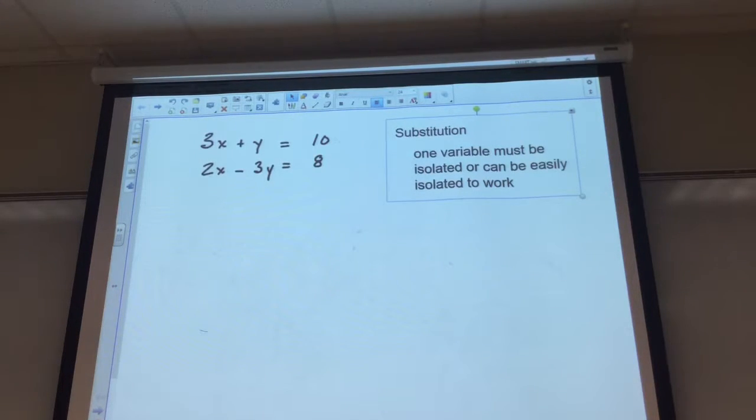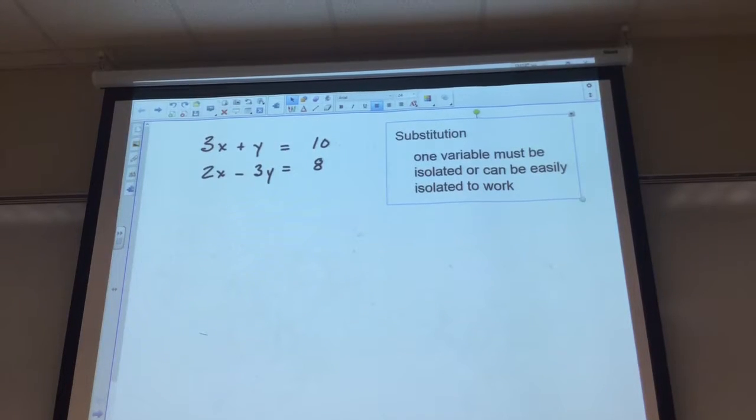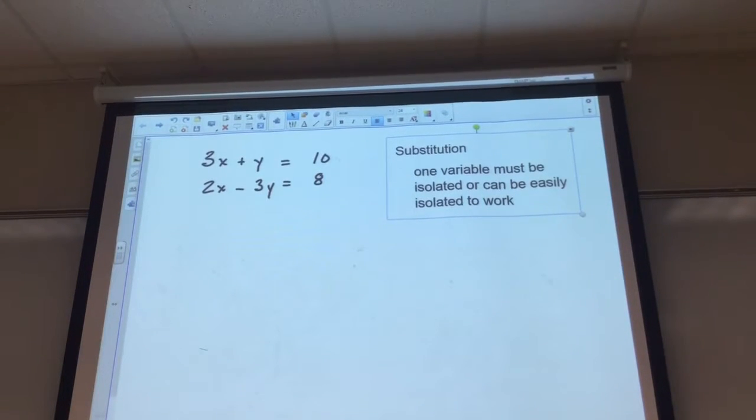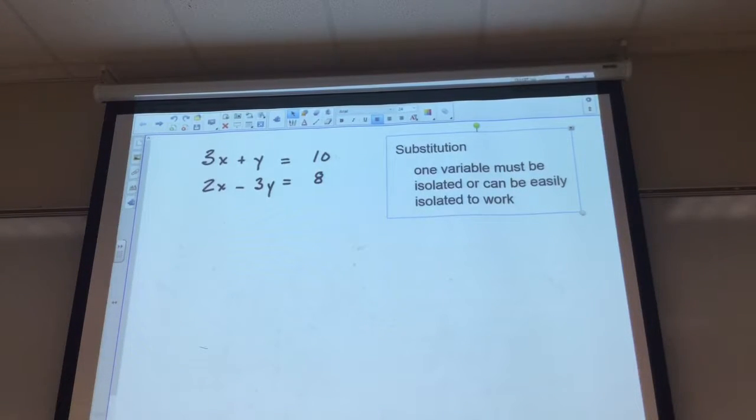In this particular exercise, which of the equations would be the most attractive to manipulate to get one variable isolated without introducing fractions?